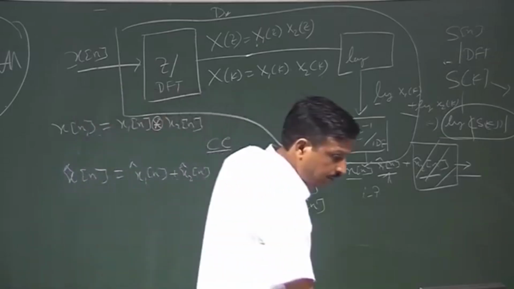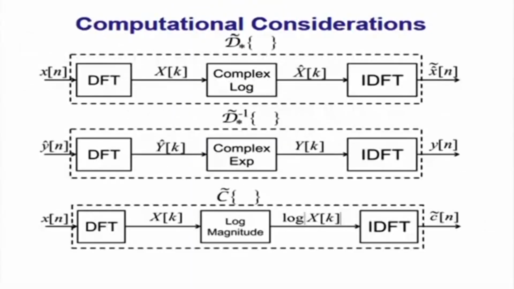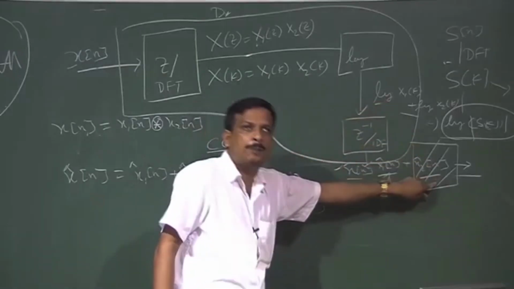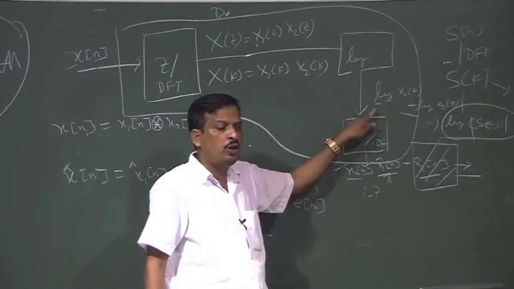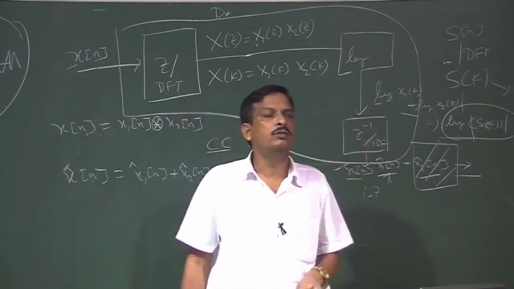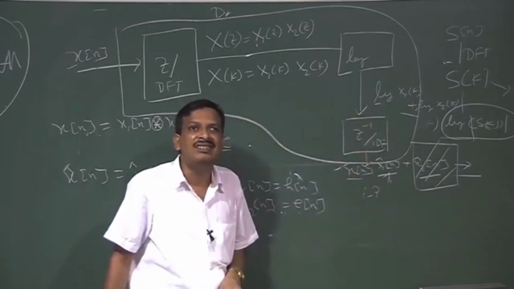Okay, I will come to that. So this is the computational consideration. If I say D star, DFT, log, I can take either the complex log or the log magnitude. If it is a complex log, then I call it the complex spectrum. If it is only the log magnitude, then I call it the real spectrum.